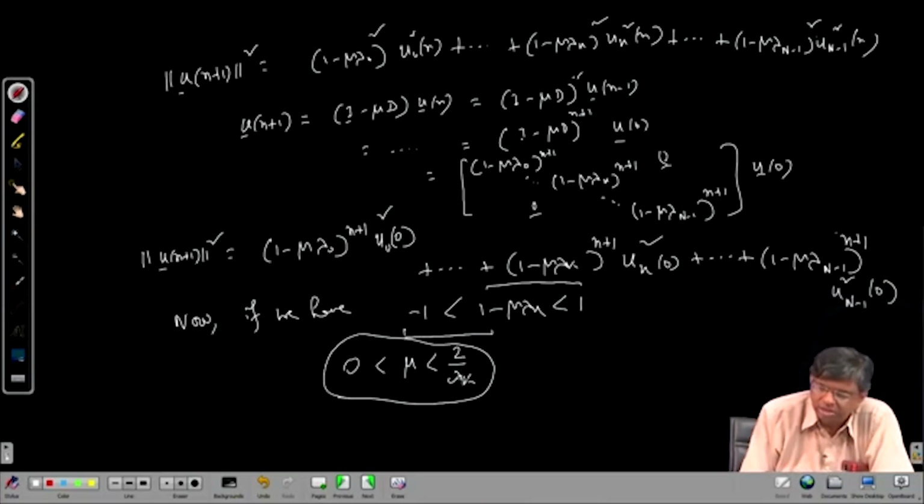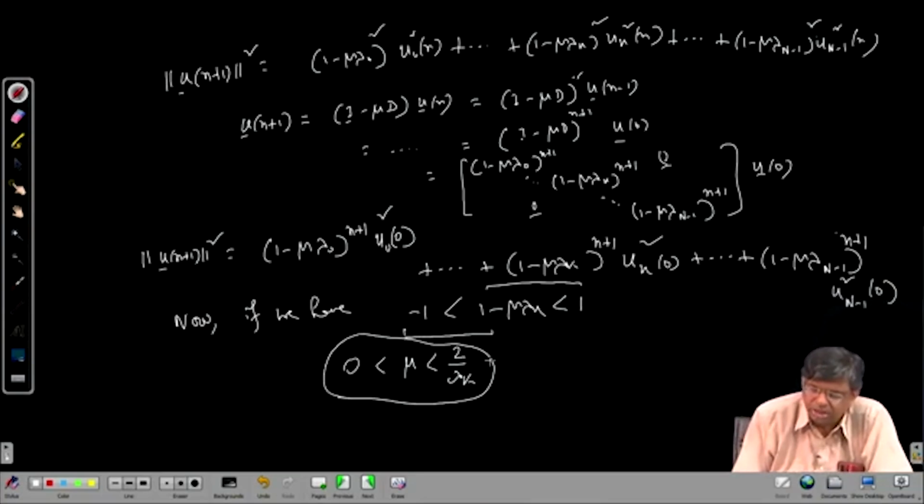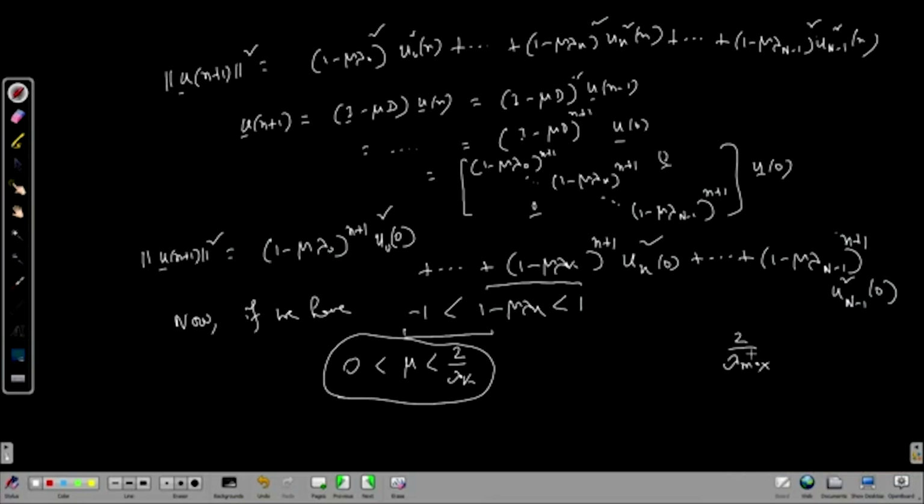Now, 2 by lambda 0, 2 by lambda 1. So the minimum is 2 by lambda max. Lambda max means the eigenvalue with the highest magnitude. All are positive, so highest positive value. Then 2 by lambda max is the minimum. So mu should satisfy that also.